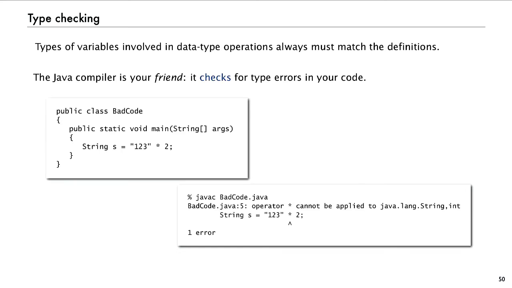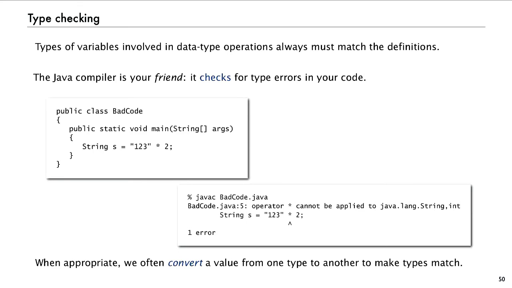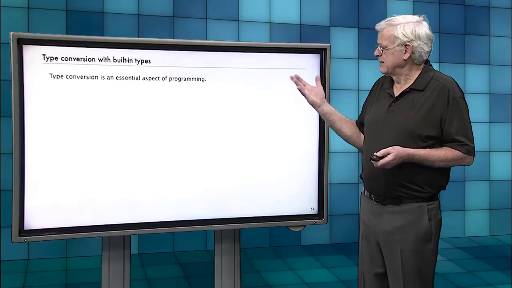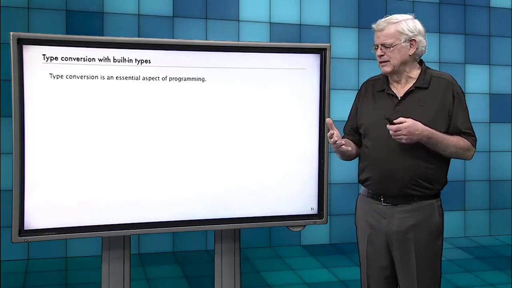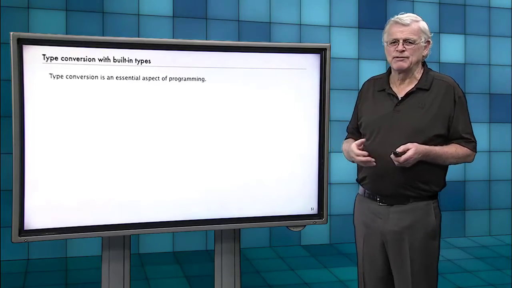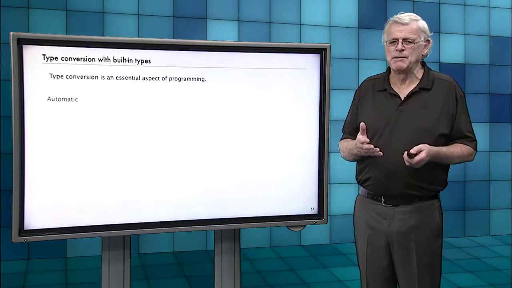That's an error, and that's a good thing that the Java compiler will tell us about that error, because sometimes there might be conversions that happen automatically that we might not expect. But a lot of times, as we've already seen, we want to convert from one type to another to make types match in an operation where it makes sense. So with the built-in types, converting is an essential aspect of programming. We have to worry about it.